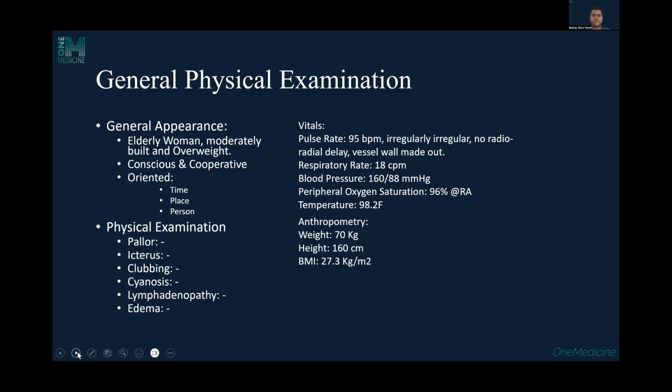What is the relevant history and general physical examination for you? What are the relevant general physical examination findings in case of stroke? So the patient's BMI, the pulse rate, blood pressure.